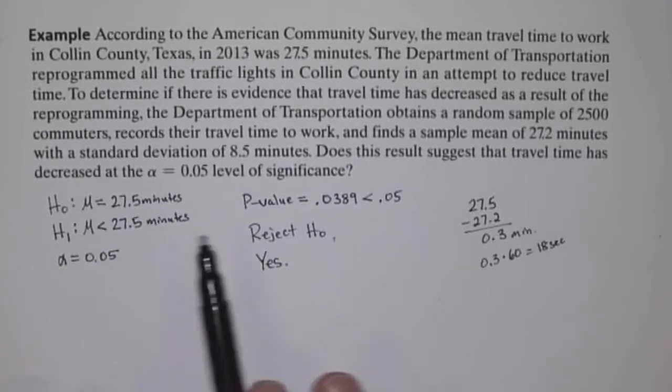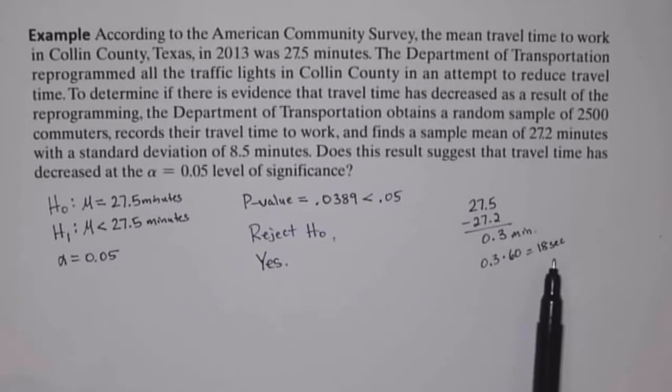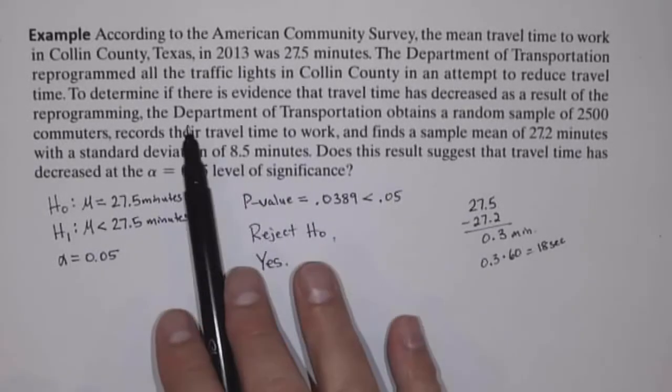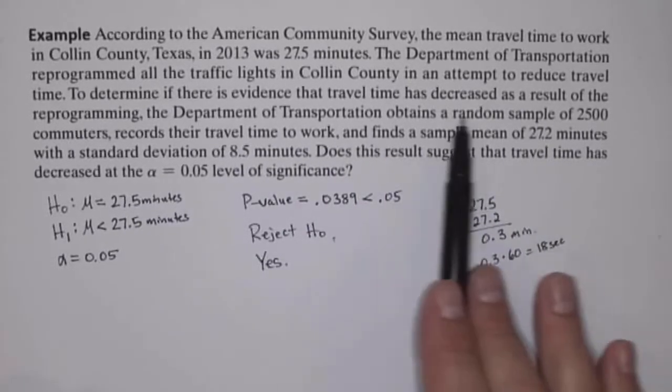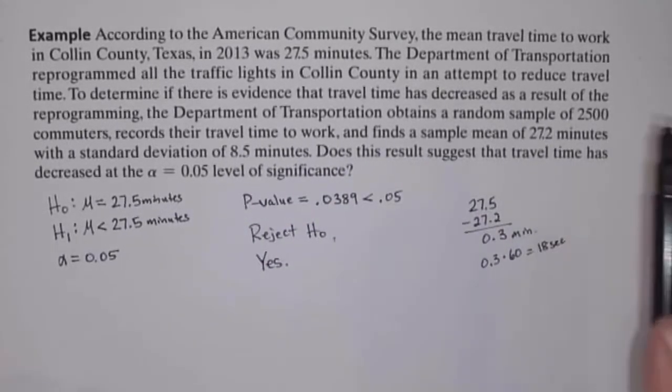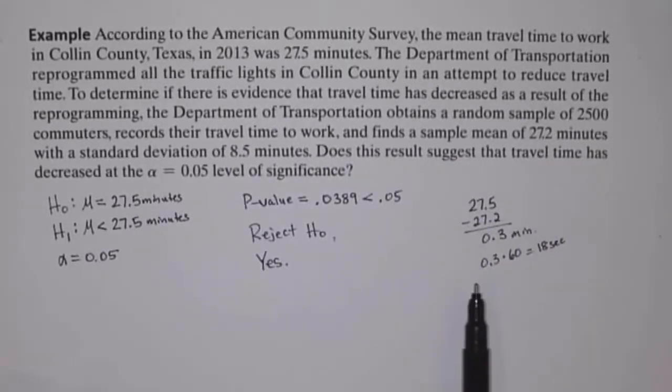So even though there was statistical significance, from a practical standpoint, it really wasn't a big deal. So if the Department of Transportation spent a huge amount of time and a huge expense reprogramming all of the lights, then that time and expense was probably wasted because there wasn't much practical effect.